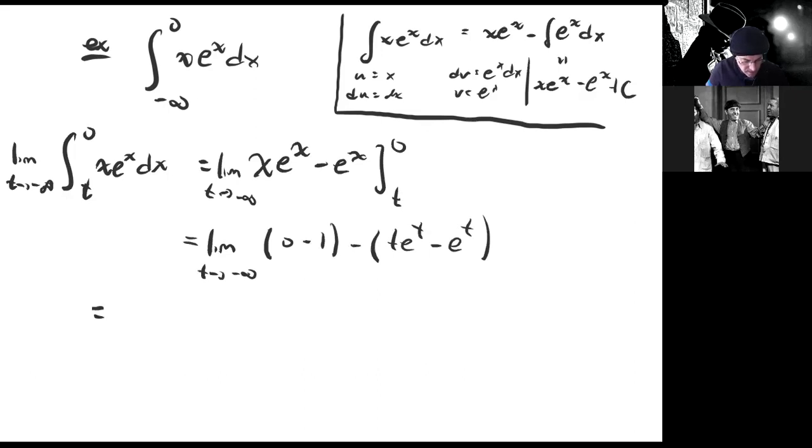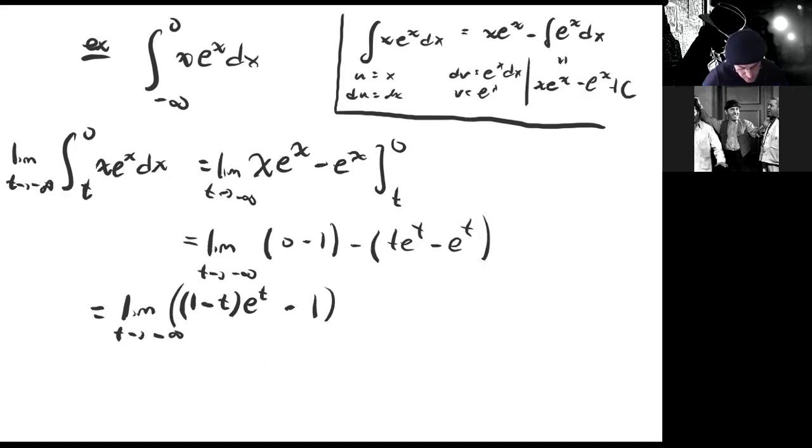This is the same thing as the limit as t goes to minus infinity of 1 minus t times e to the t minus e to the t. Okay, so we have to compute this limit as t goes to minus infinity.